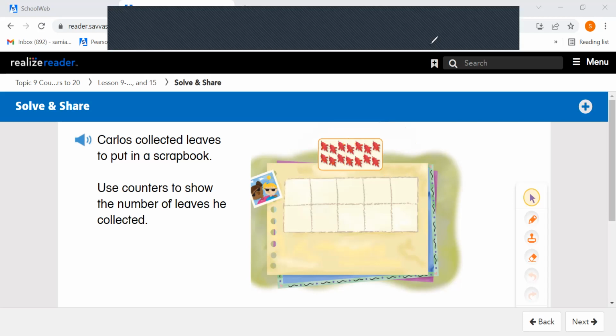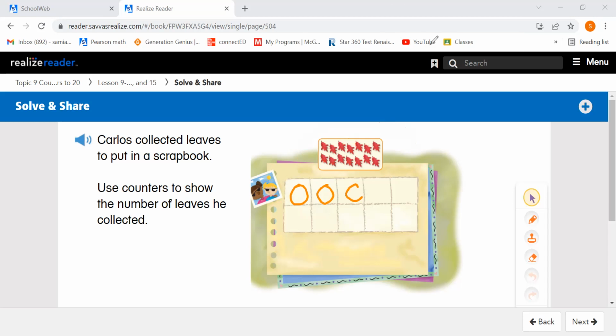Let's use this 10 frame to show how many leaves he's collected. So we know the 10 frame is going to have 10 counters, which are leaves. So if I fill up my 10 frame, I know that there are 10 counters representing 10 leaves.